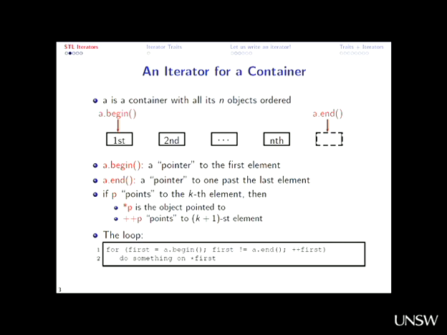And what we want to do is create some sort of loop. So for auto first = a.begin(); first != a.end(); ++first, and then do something on the dereference of first. Iterators, easy. We've done them all semester in terms of how we use them.